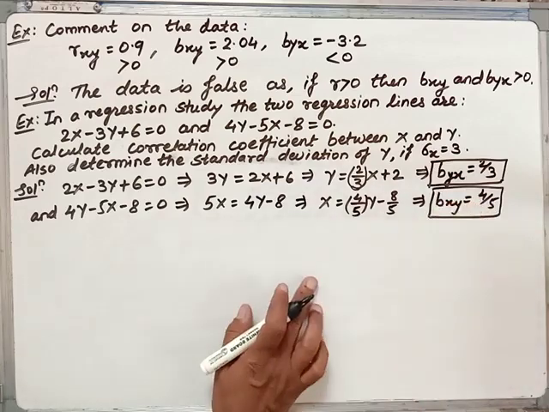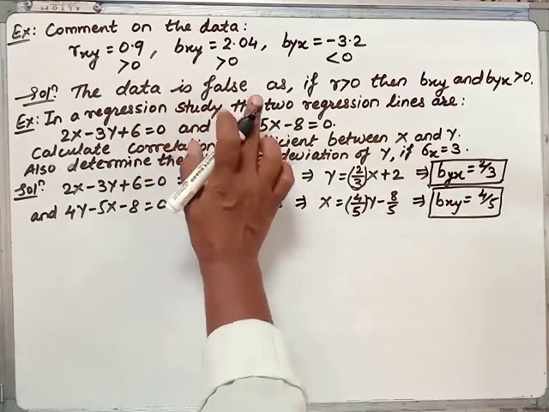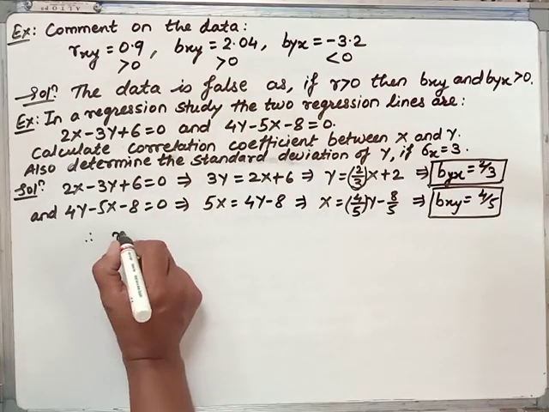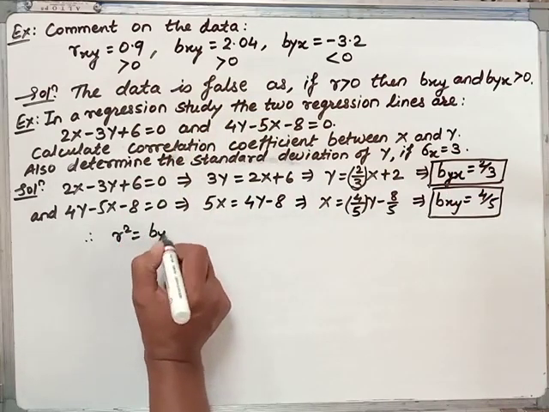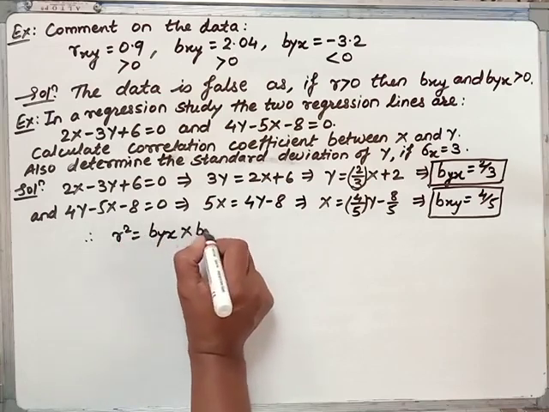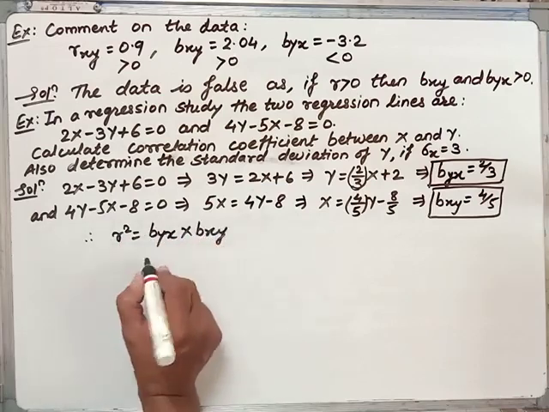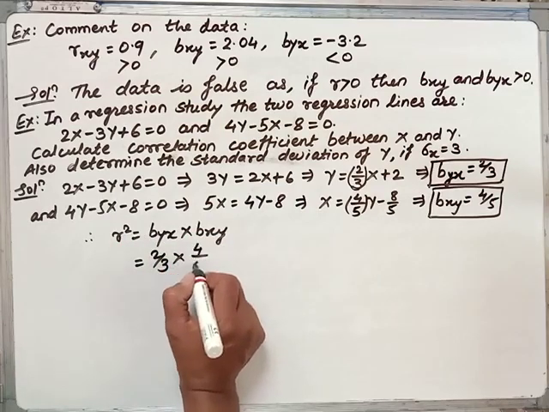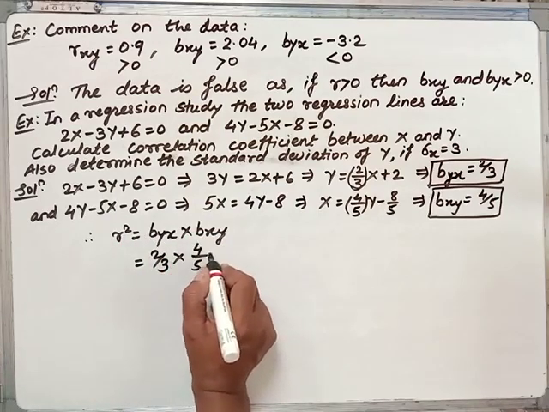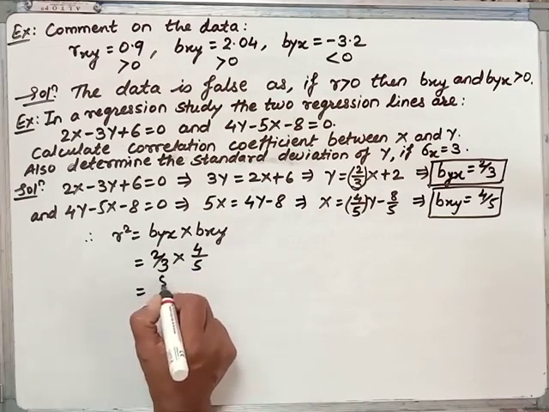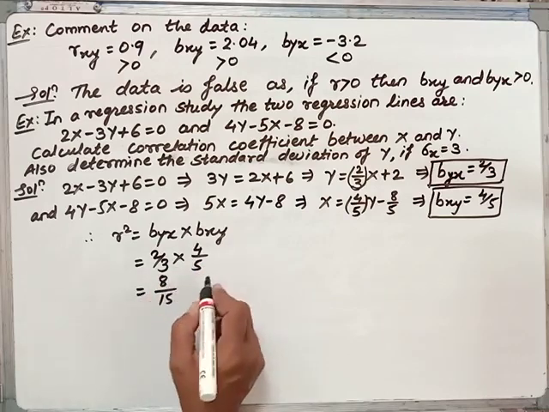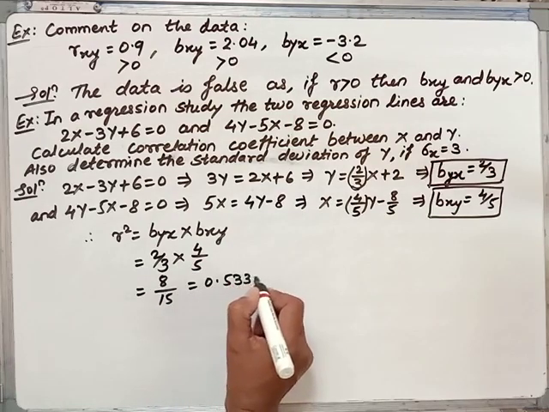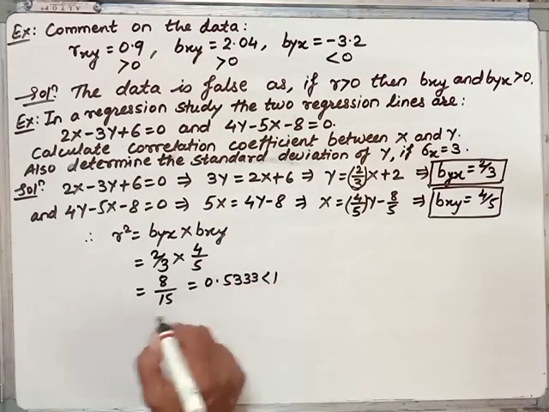Once we have byx and bxy, we can easily determine the correlation coefficient. Therefore, r square is equal to byx into bxy. So that is 2 by 3 multiplied by 4 by 5. And that will be how much? 8 by 15. That is 0.533, which is less than 1.